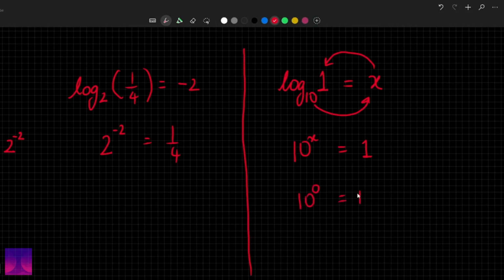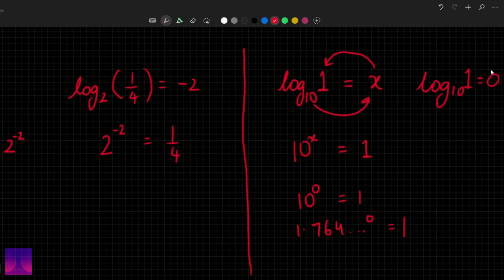Similarly, let's say any number, 1.764 dot dot dot, any number to the power 0 equals 1 always. Just remember that, okay? So when you get log of 1, it's always 0. So when x is 0, we get log base 10 of 1 equals 0.